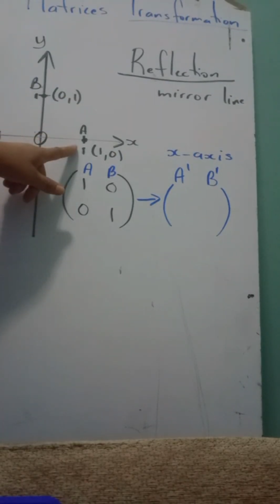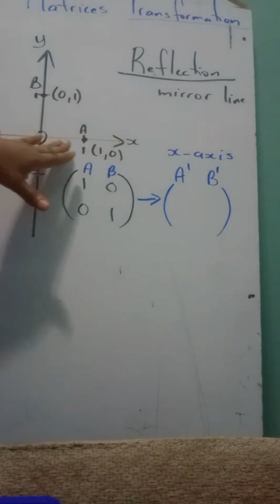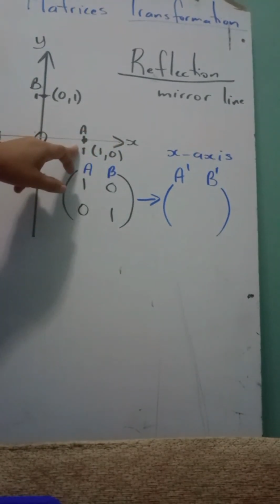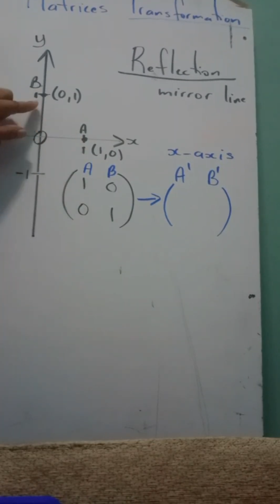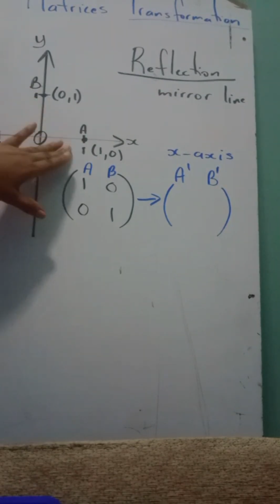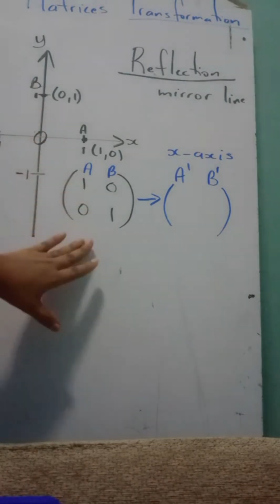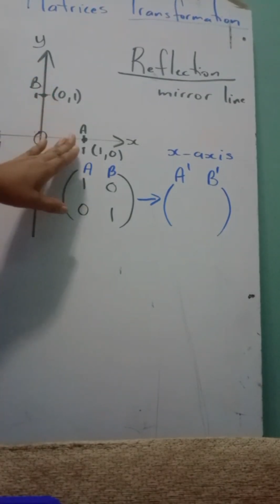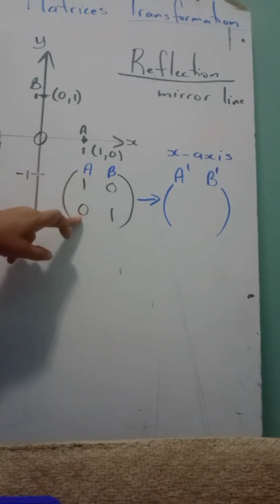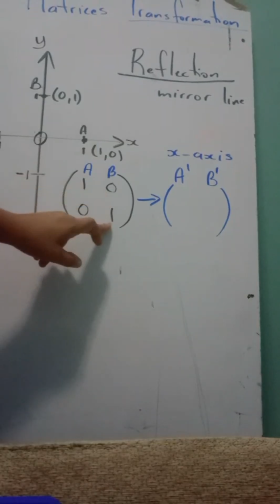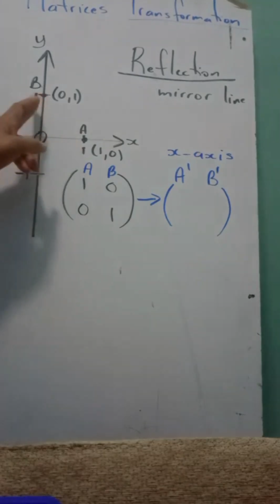These 2 points are representing that on my Cartesian plane, if I had a point on the x-axis, 1 unit away from the origin, being A, B, 1 unit away from the origin. Those 2 points, if I should take them from the Cartesian plane and write them in a matrix, your coordinates are represented in a column. So A would be represented as 1, 0, B would be represented as 0, 1, and this now is a matrix representing the 2 points A and B.